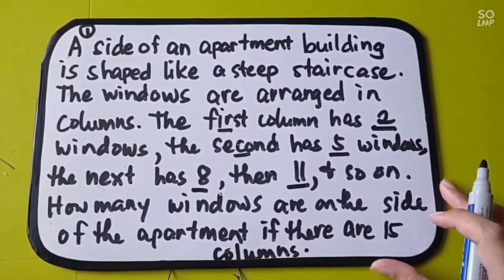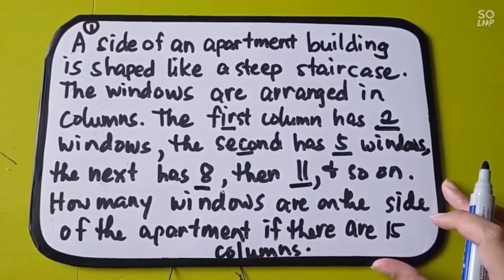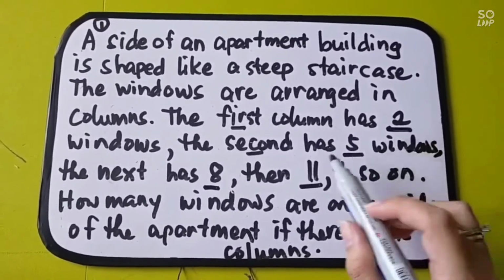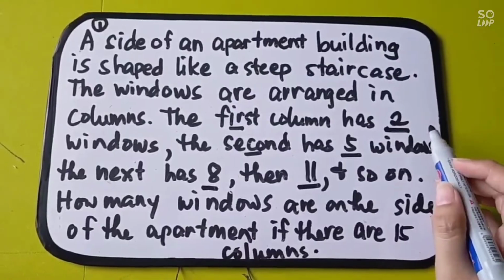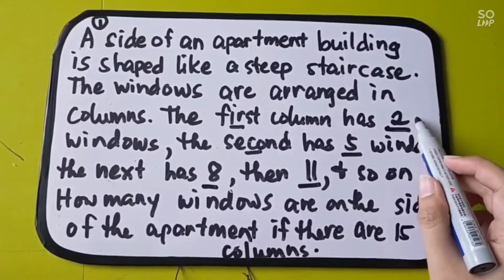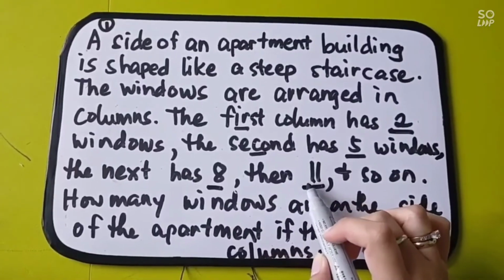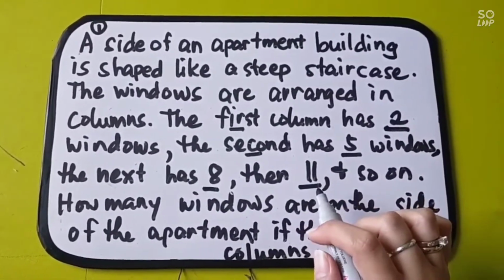As you can see, for that given, that is just an arithmetic sequence. Why arithmetic sequence? Nag-a-add ka lang ng plus 3 kada column. So, 2 plus 3, we have here 5, plus 3, we have 8, then plus 3, we have 11. So, therefore, this is an arithmetic sequence.